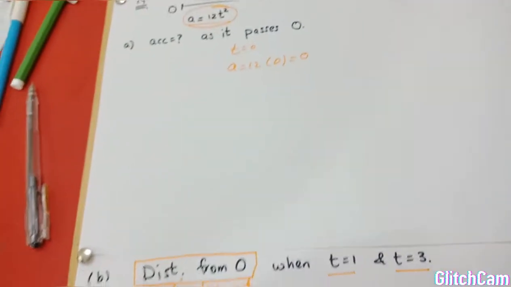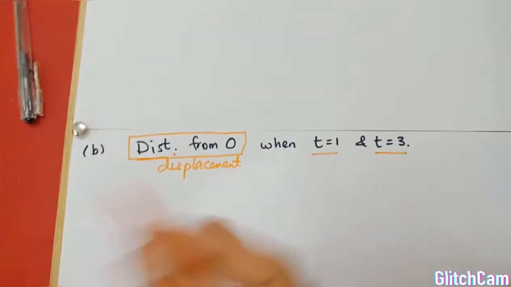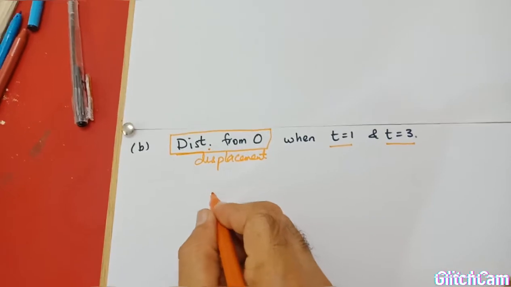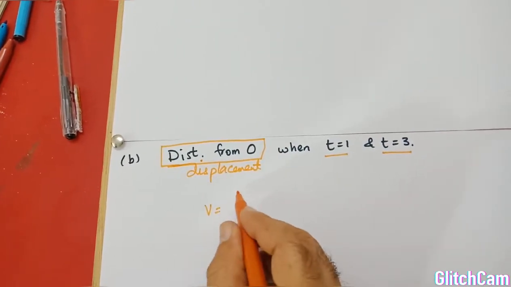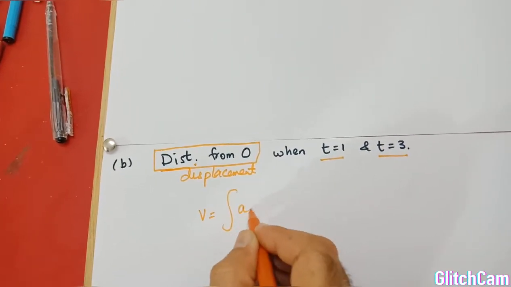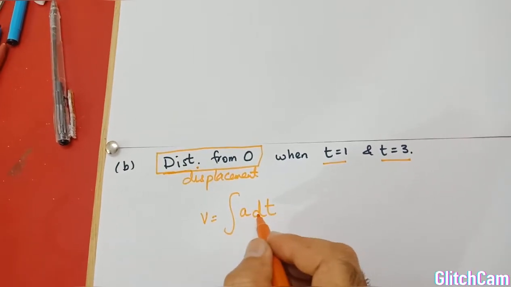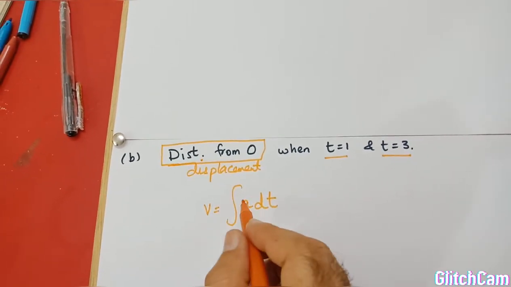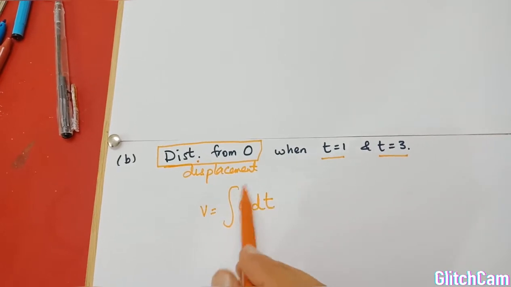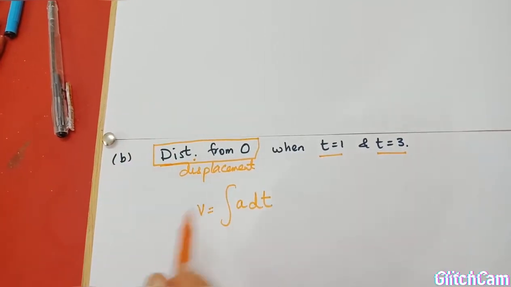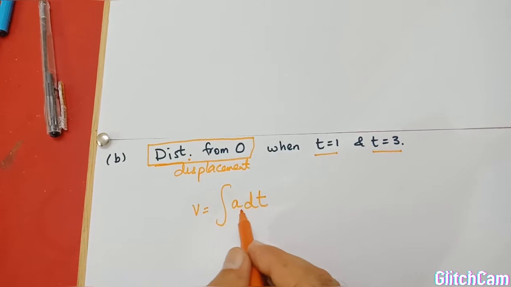If I integrate this acceleration, I will get the velocity. There is no way of moving from acceleration to the displacement directly. So first you have the acceleration, you will find the velocity by integrating it.